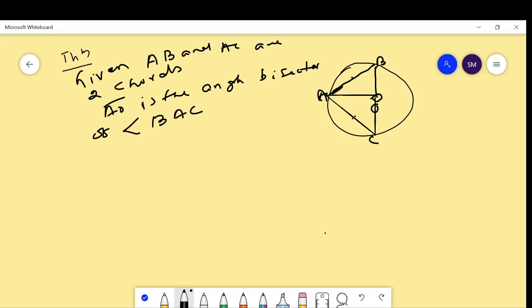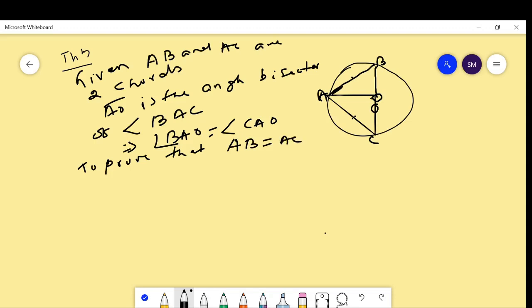Then here angle BAC, angle bisector, which shows that angle BAO is equal to angle CAO. Then here we have to prove that AB is equal to AC. These two chords are equal. We have to prove that.